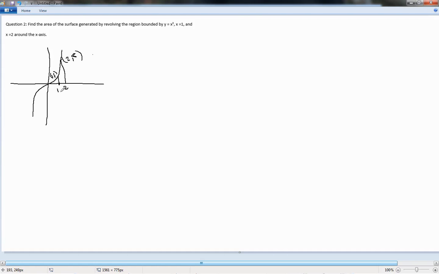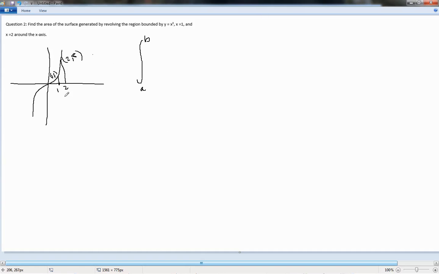If we were finding volumes, for example, this could have been a problem we would have been able to do with disks. But now we are finding surface area. So remember our formula here: we're going to go from a to b.